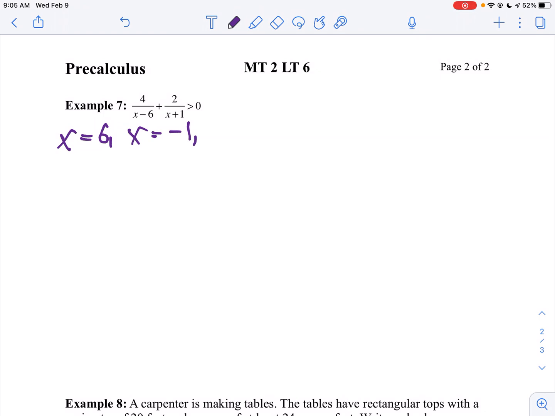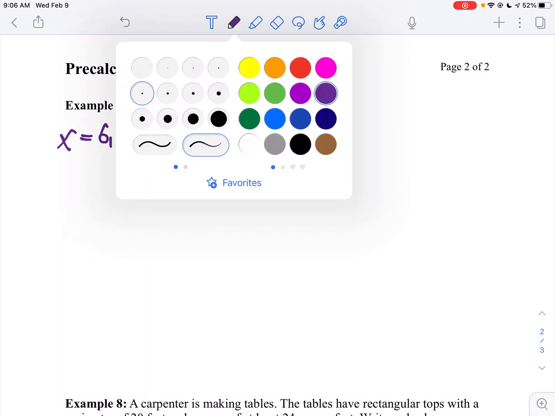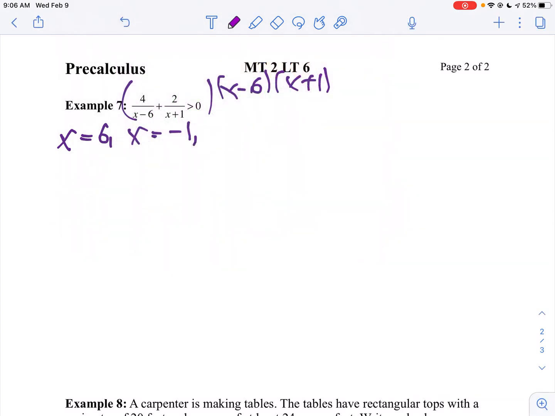Now let's solve for x to find the zeros. So I'm going to multiply everything by x minus 6 times x plus 1. Then I'm going to get 4 times x plus 1 plus 2 times x minus 6.